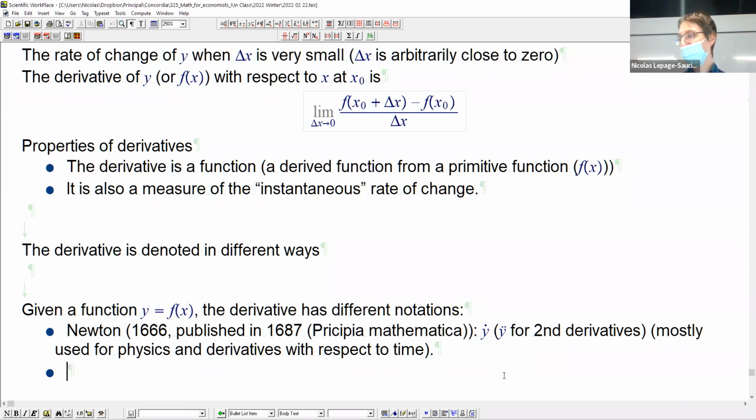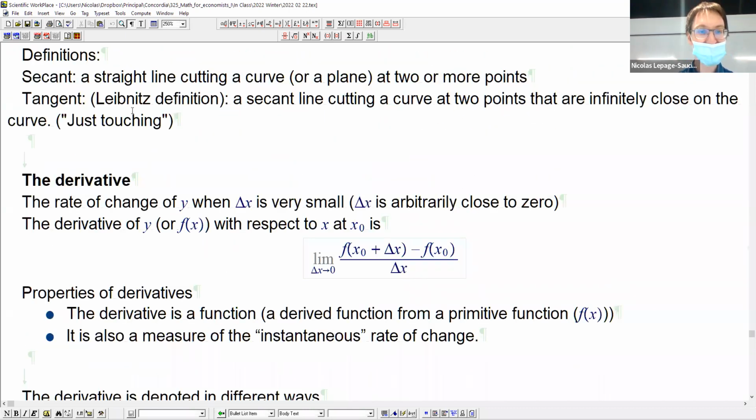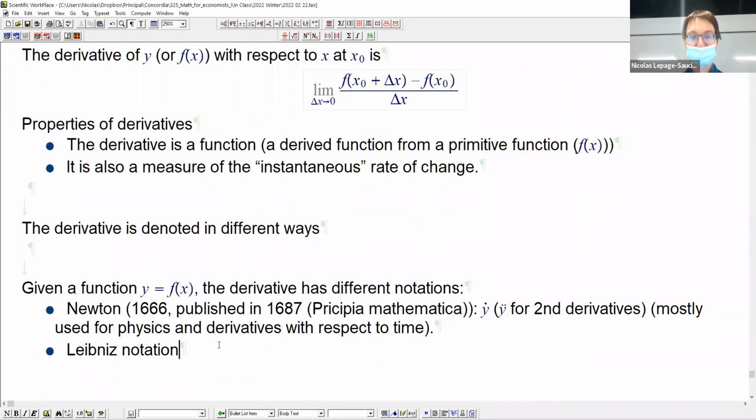The most famous one is the Leibniz notation. And the funny thing is he came up with it in 1675 and published it in 1684.